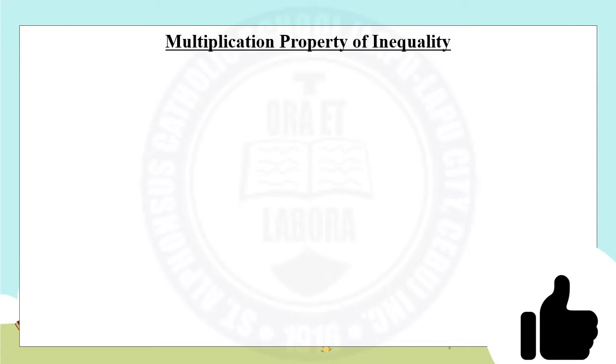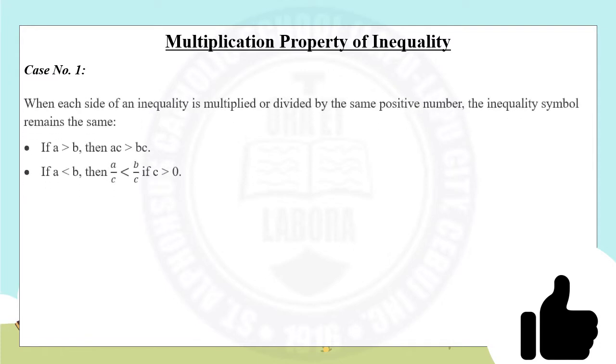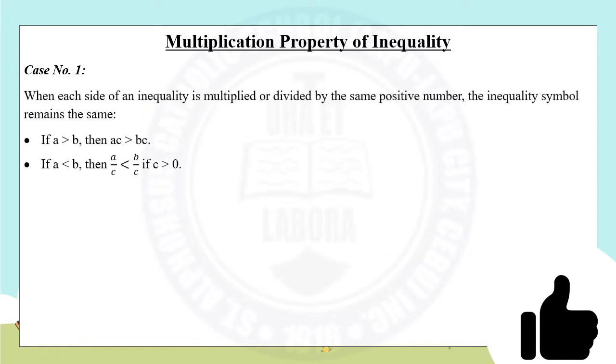Multiplication property of inequality. Case number 1. When each side of an inequality is multiplied or divided by the same positive number, the inequality symbol remains the same. As you can see here, if a greater than b, then a times c greater than b times c.